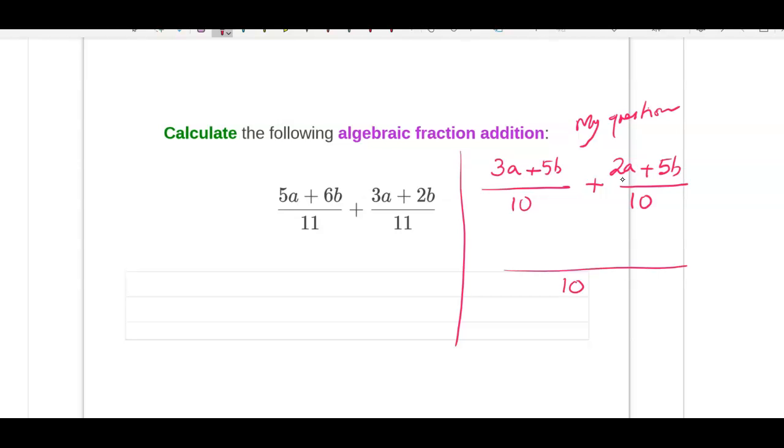Easy stuff. Same denominator, so you simply rewrite that denominator. Okay, and this is going to be 3a, nothing changes, 5b. Don't get confused with the more complicated ones when you do the cross multiplication. For these ones, you do not cross multiply.